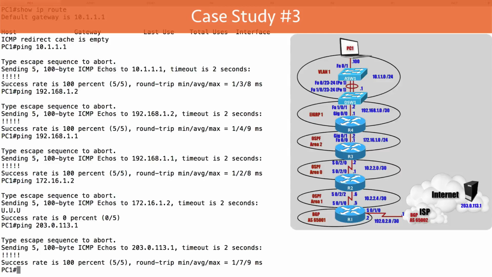We didn't spend time checking a trunk configuration on DSW1. By doing a series of pings, we were able to very, very quickly isolate R4 as the prime troubleshooting target. Then we checked the routes known to EIGRP, we checked the routes known to OSPF, and it became evident that we were only doing redistribution from EIGRP into OSPF and not vice versa, and that led us to check the configuration and resolve the issue.